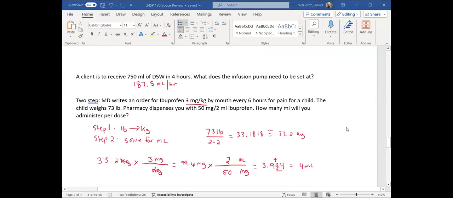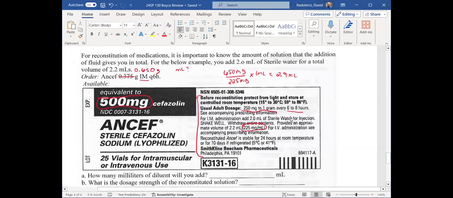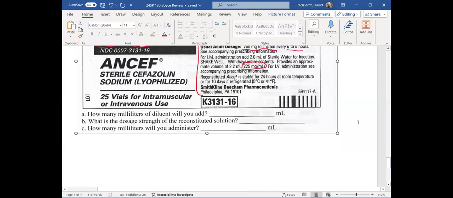All right, so I'm going to add in another example of a reconstitution.